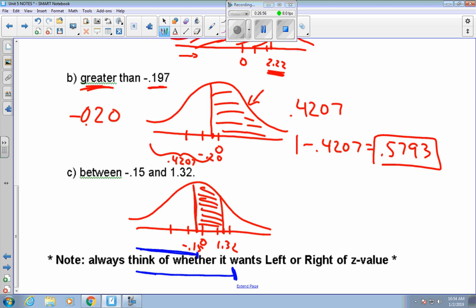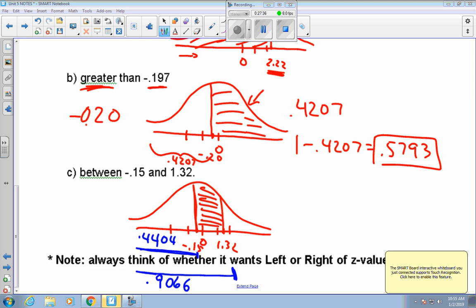You have to find those two values. So the cumulative area up to negative 0.15 is 0.4404. And the other one at 1.32 would be 0.9066. Those are the two cumulative areas.